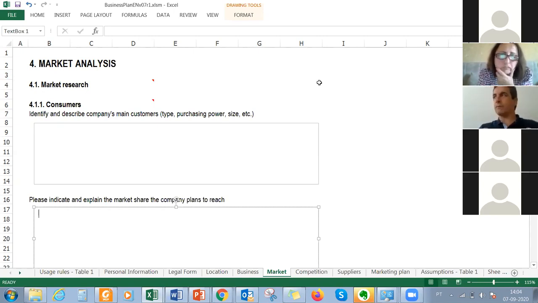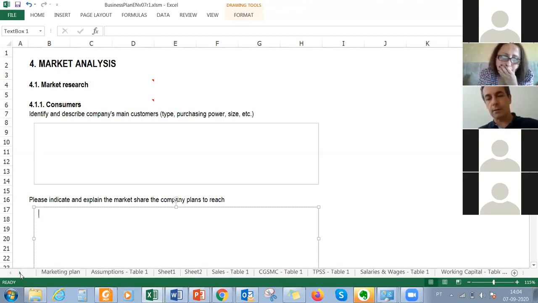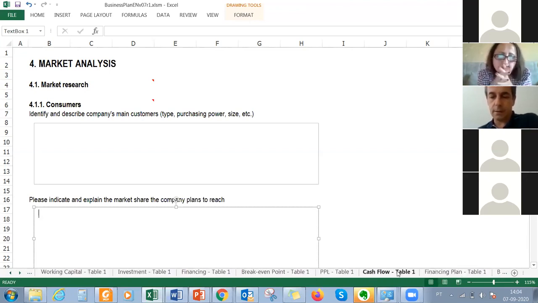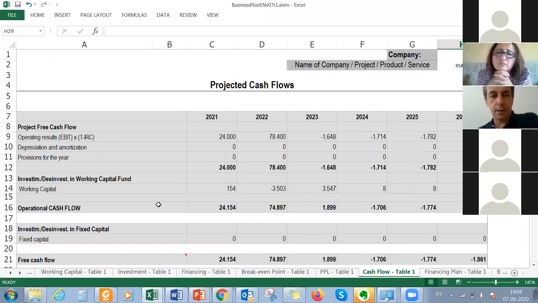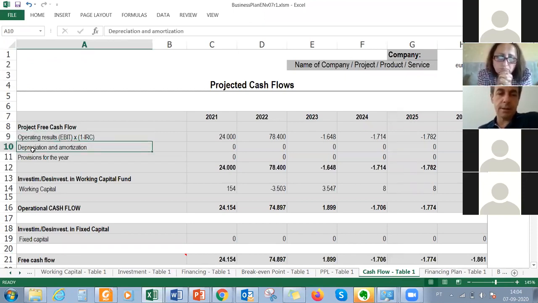Our students don't have a background in economics, so we cannot keep them too interested in financial things like cash flow generation, operating results, or depreciation.